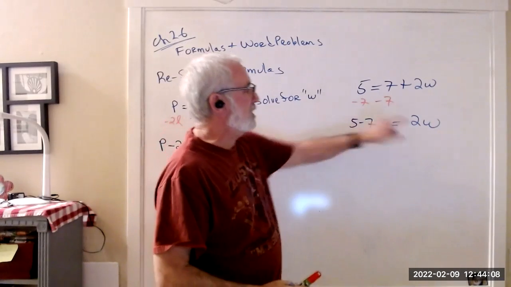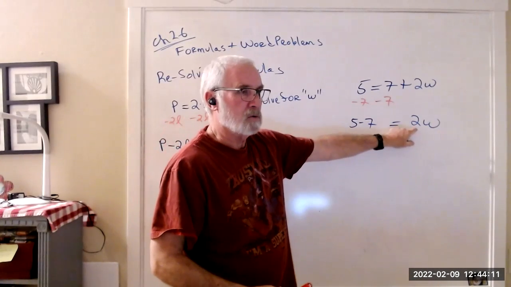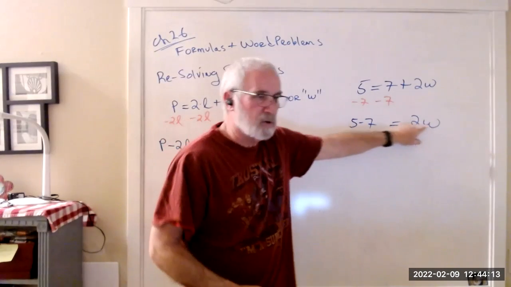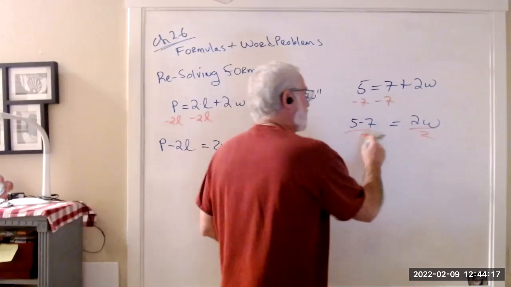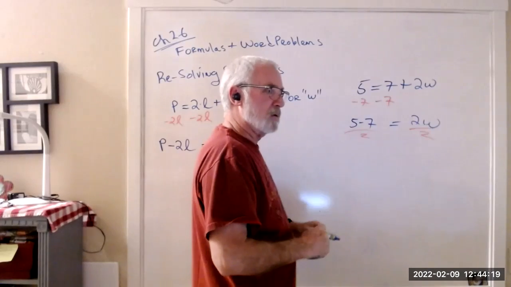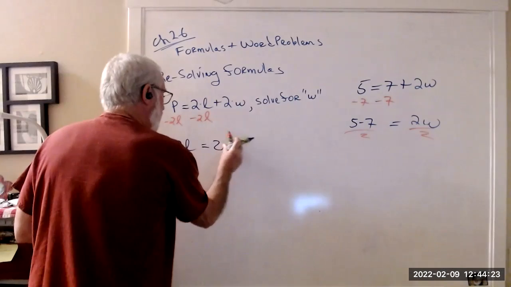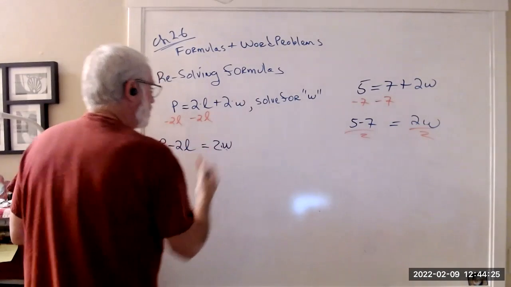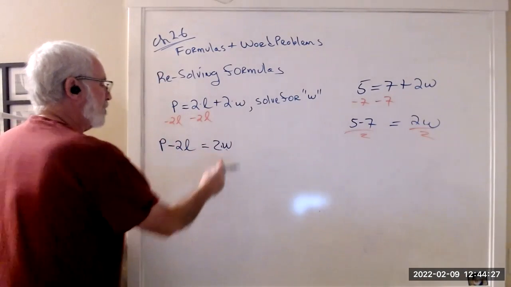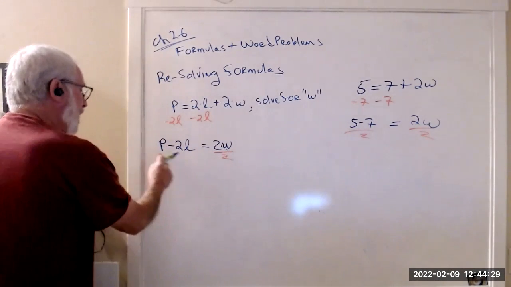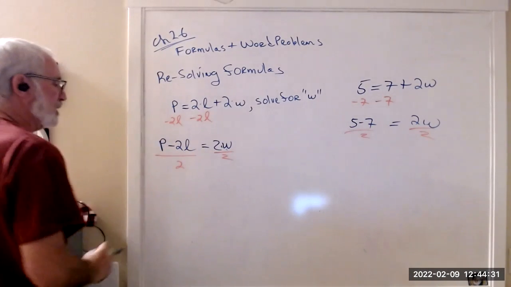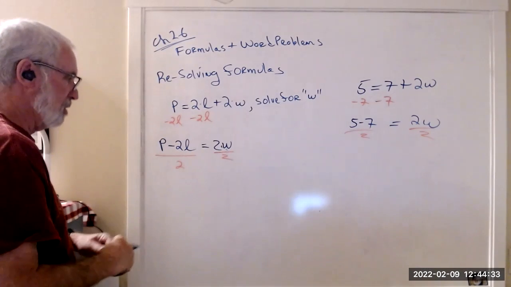Okay, how do you get W alone? Well, you say, I would divide both sides by 2. I would divide this side by 2 and this side by 2. Well, you're going to do the same thing here. Oh, this is a W, I'm sorry. So to get W alone, I'm going to divide this side by 2 and this entire side by 2, all of it.